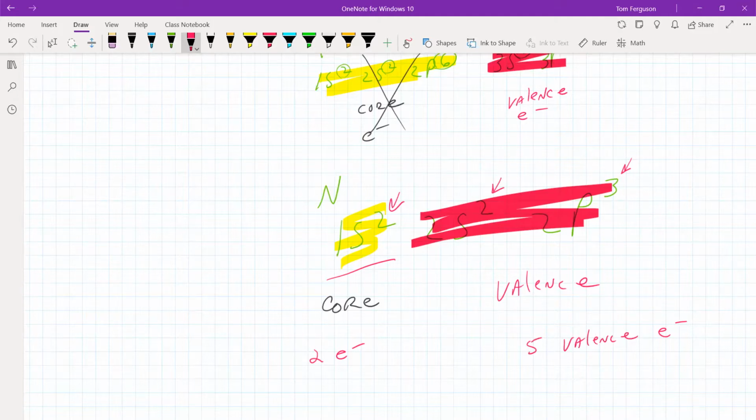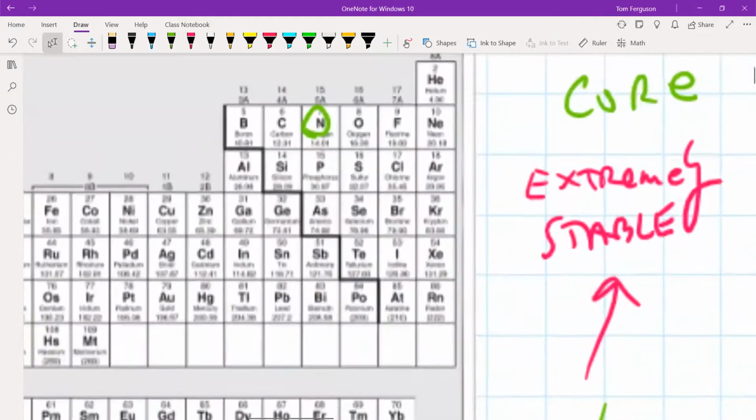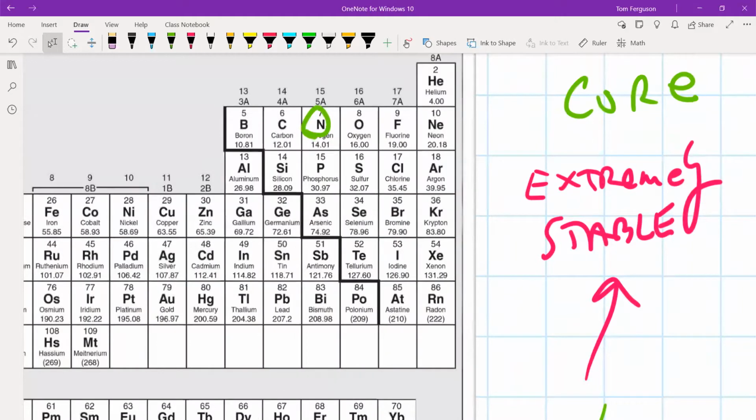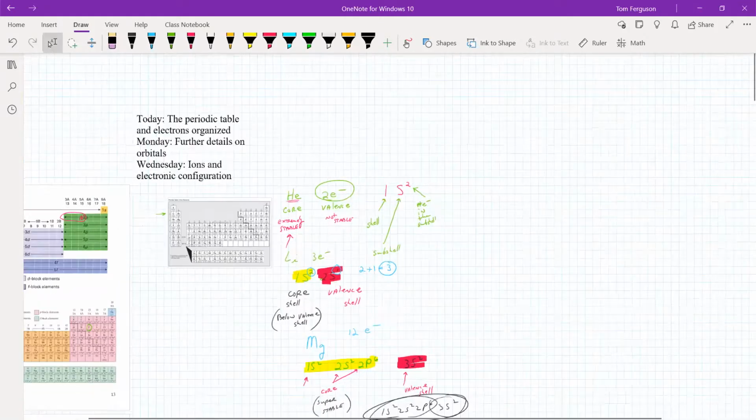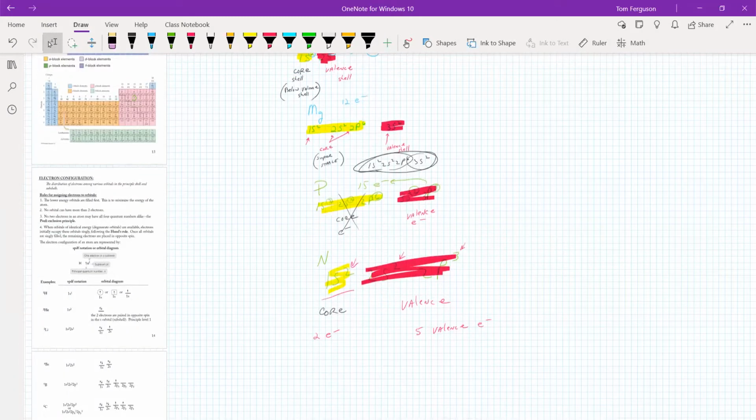So a total of 7 electrons. How many electrons are in nitrogen? 7. So we accounted for all the electrons. So whenever we're writing these electronic configurations, we have to account for all the electrons. Now, are we okay so far on phosphorus versus nitrogen?